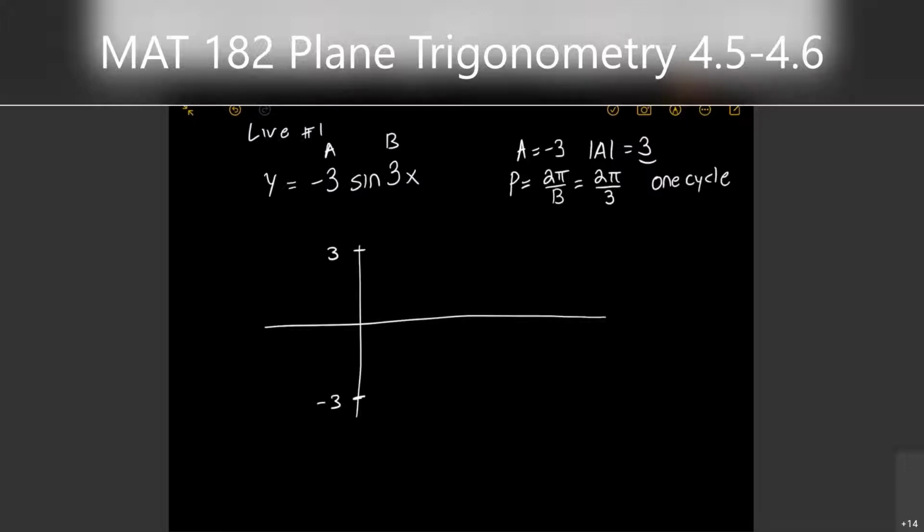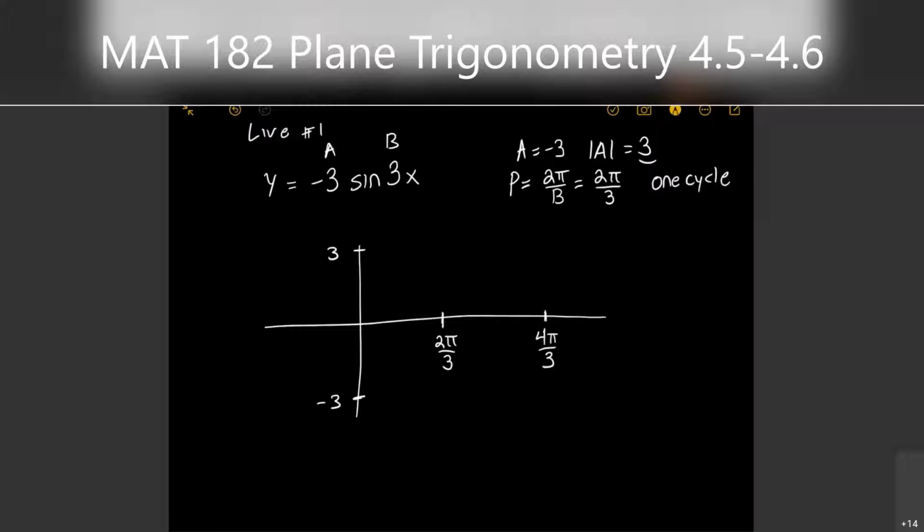Okay, excellent. So if I'm going to do 1 cycle in 2 pi over 3, let's just mark that off. This is say 2 pi. That would mean I'm going to be doing another cycle of sine after another 2 pi over 3, or we could call that 4 pi over 3.